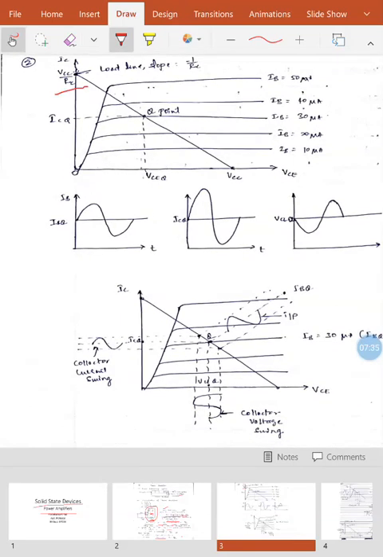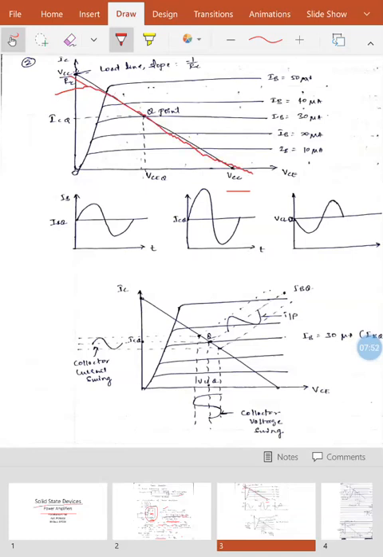Okay? And when IC is equal to 0, the voltage remaining over there will be VCC. So when we join both of them, we can have a straight line like this.